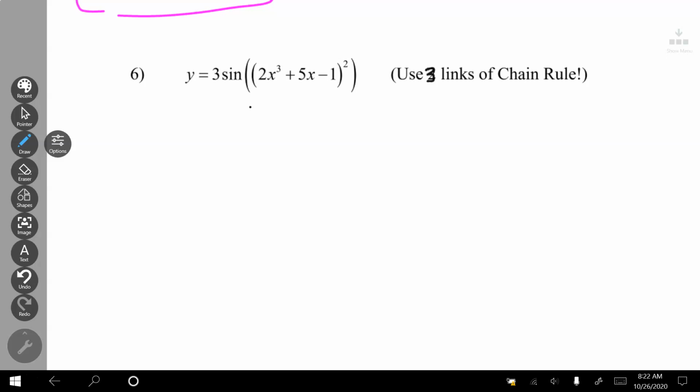So the outside function, f of u, is 3 sine of something, and that is going to be 3 cosine of something. Well, the next thing I see is u is equal to something else squared.